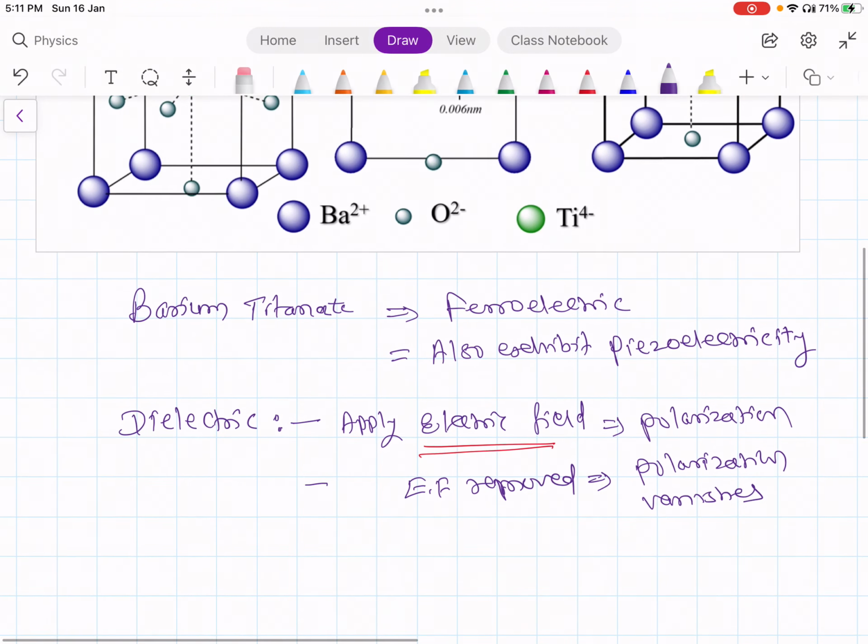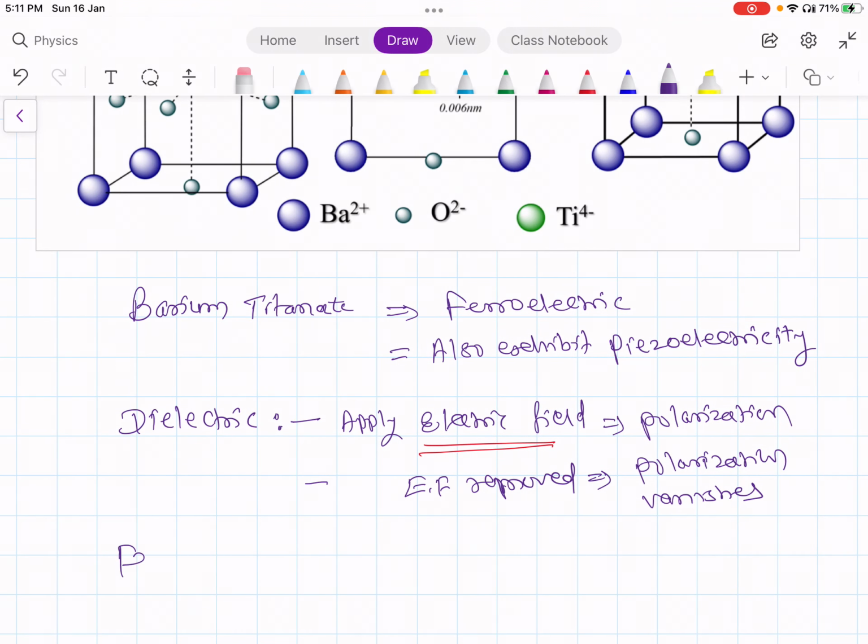If you take ferroelectric materials and apply electric field on it, then it polarizes. That is, polarization of charges takes place.